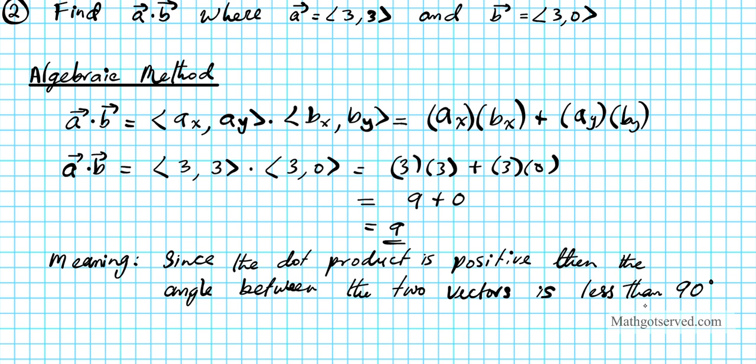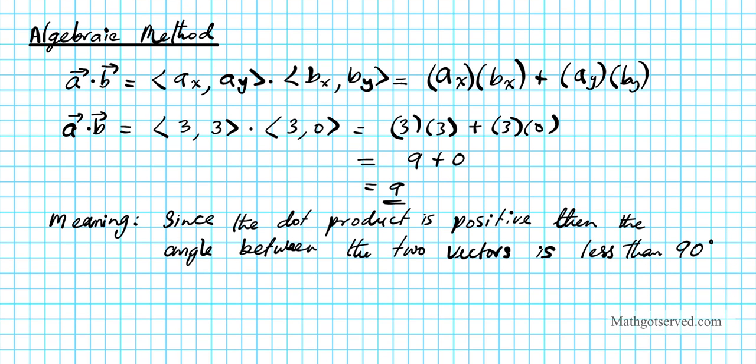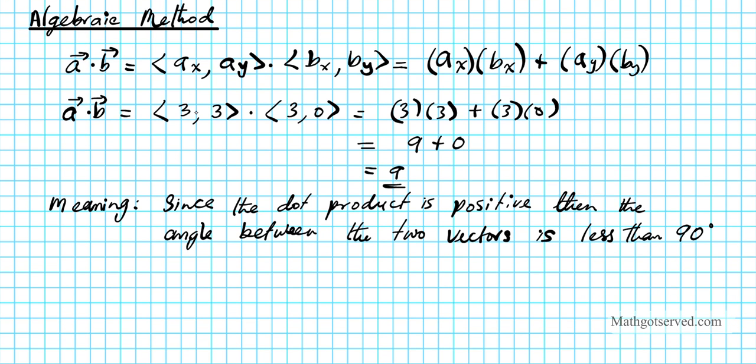Okay, so there you have it. All right, are we confident that our answer is correct? Well, let's do it with a different method, using the geometric method. Hopefully we end up with the same result.